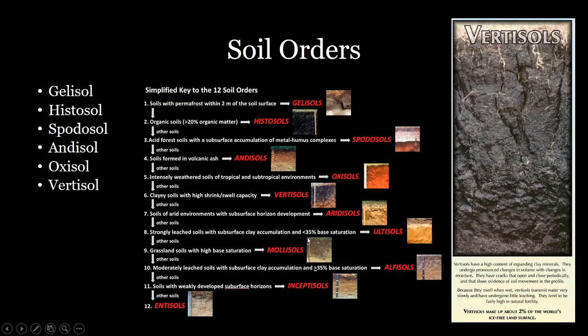Next, we have vertisols. So vertisols are very cool soils, and they cover about 2% of the Earth's land surface. And so vertisols swell and shrink depending on their water content. So they have heavy concentrations of clay minerals, and clay minerals like to absorb water very readily.